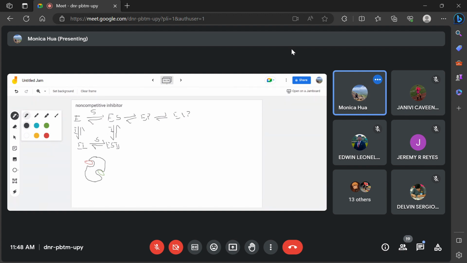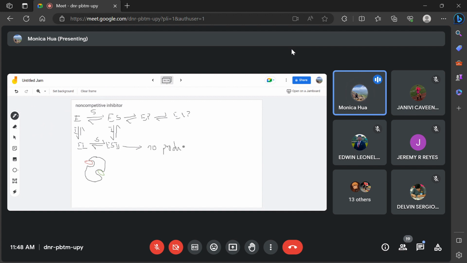Let me just double confirm that it is called non-competitive. Yes. So even if the enzyme is already bound to the substrate, the inhibitor can still come in and form the enzyme substrate inhibitor complex and have no product.